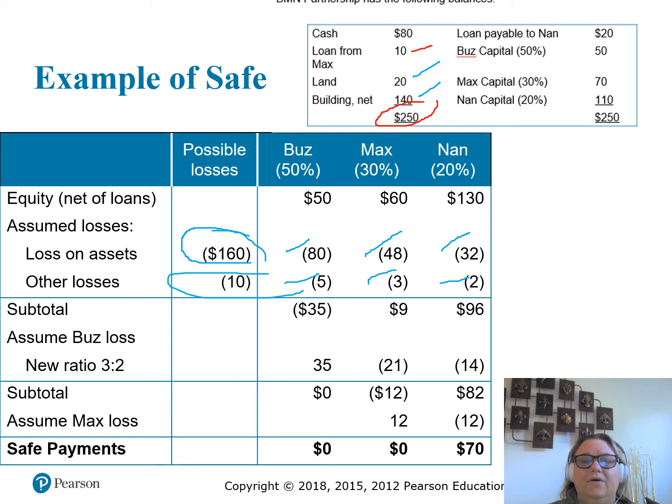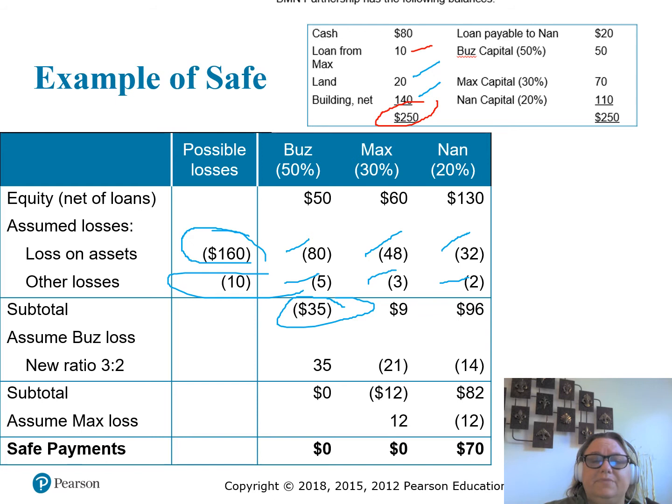All right, we sub this out. Now here's the big kicker. Buzz's loss. We have to pretend like we are going to lose from Buzz's capital. So the ratio is 3 to 2. And that here is Buzz's subtotal, which is 35. We have to somehow share this loss out between the other people, because you can see right here, Buzz is in the red.